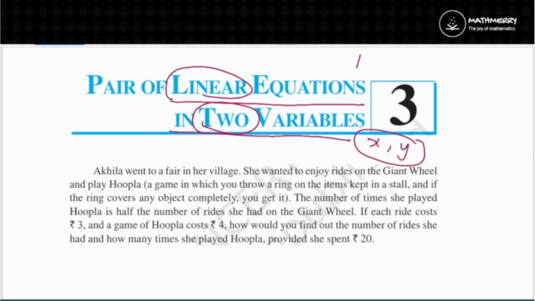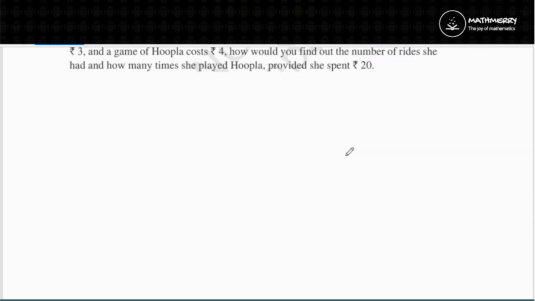So let's start with the general form of a linear equation. In general, we can say that an equation which can be put in the form ax plus by plus c is equal to 0, we can call a linear equation in two variables.